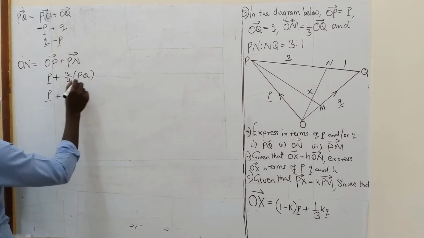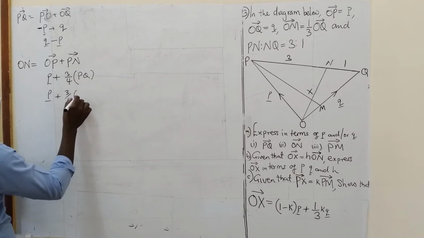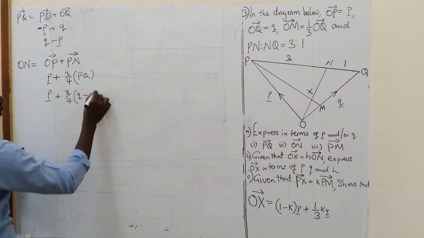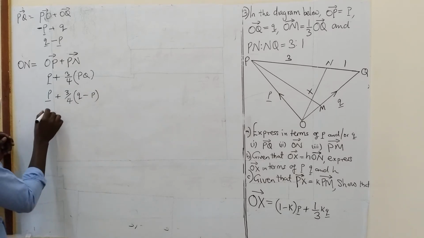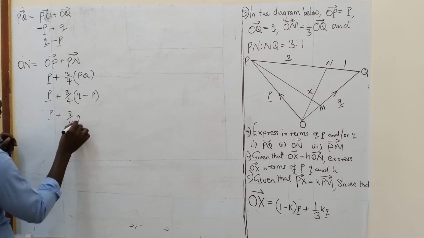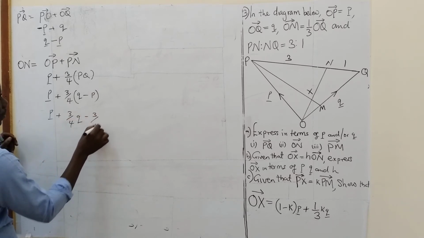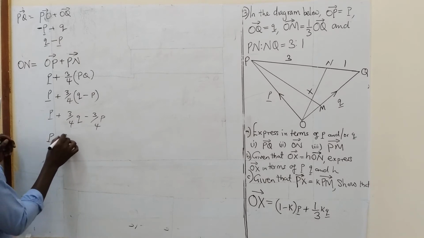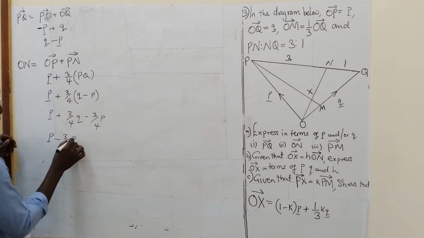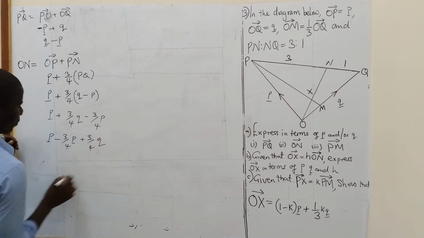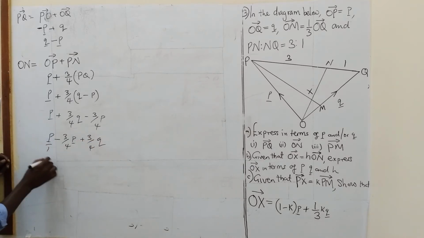What is our PQ? PQ, we got it as what? q minus p. Okay? So this is going to be p plus 3 over 4 q minus 3 over 4 p. We put the like terms together, you have p minus 3 over 4 p plus 3 over 4 q. When we simplify this one here, 4 is common.